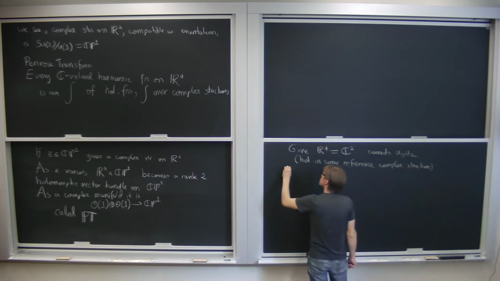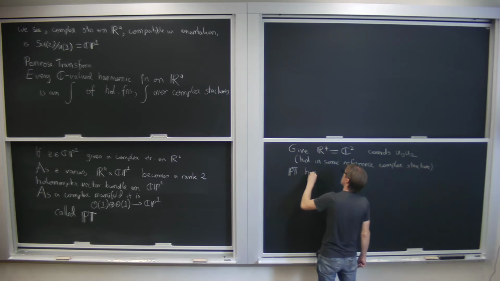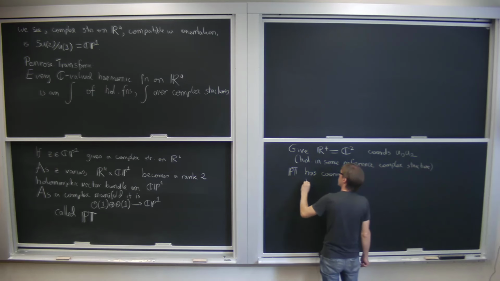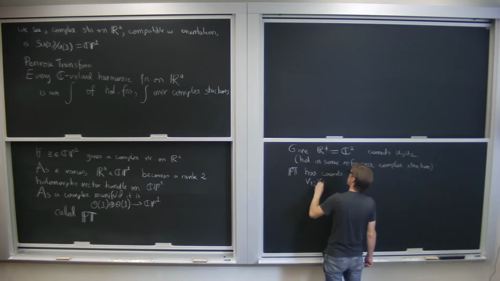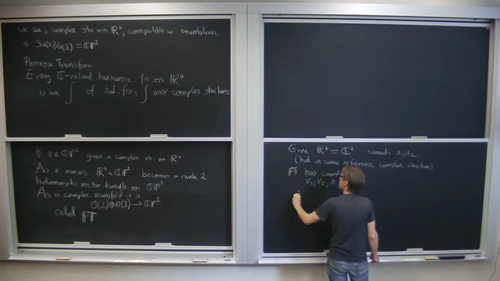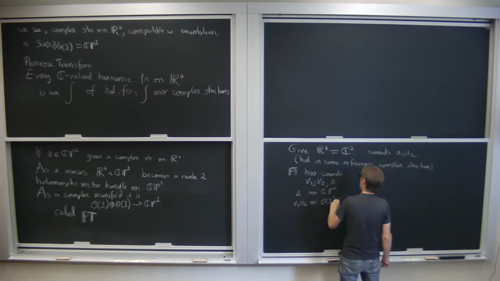And then Twistor space has coordinates V1, V2, Z, where Z is on the CP1, and V1, V2 on the O(1) fibers.